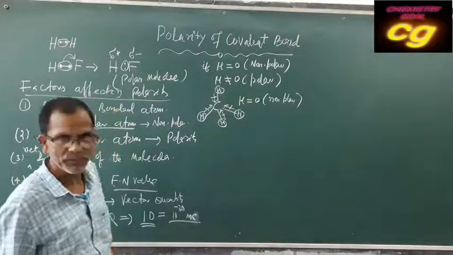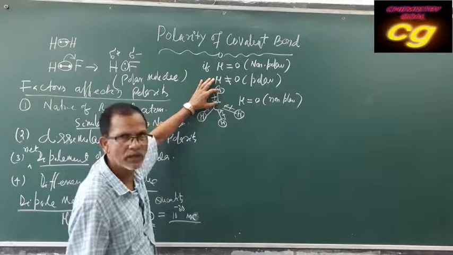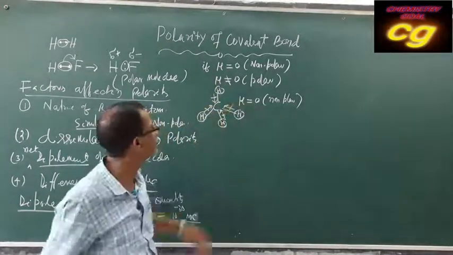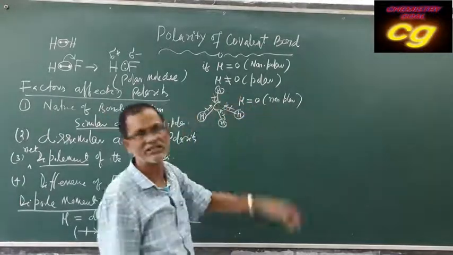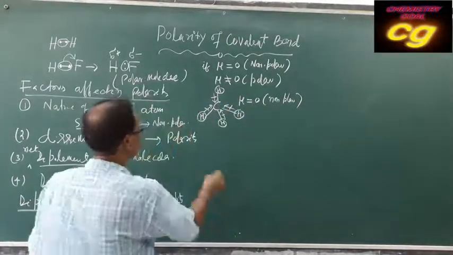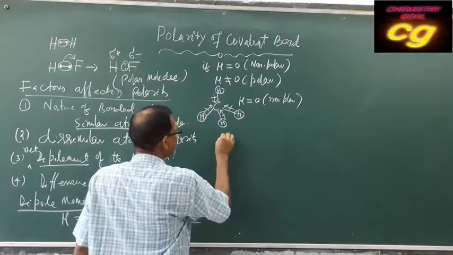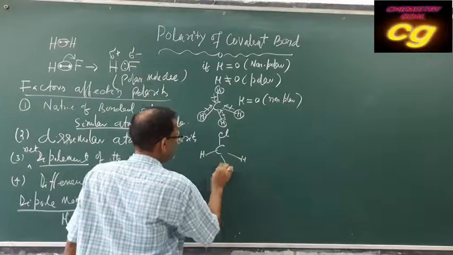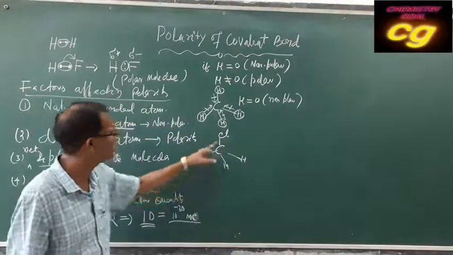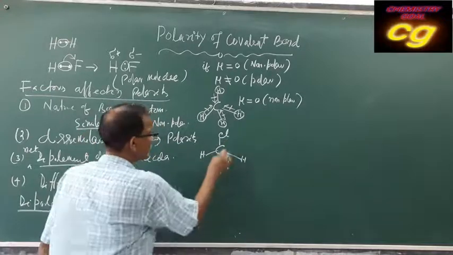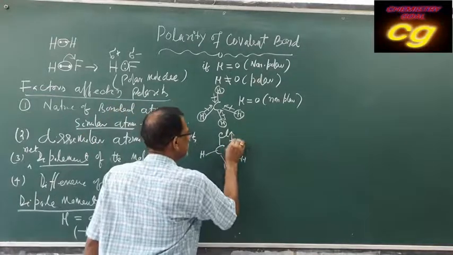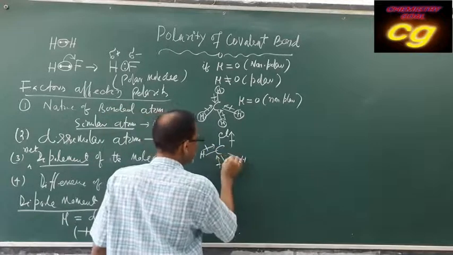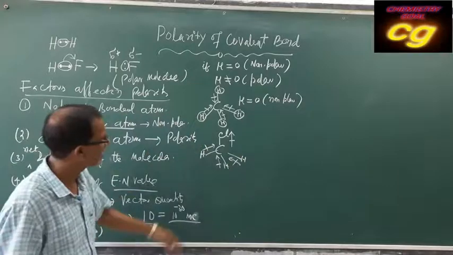So a bond may be polar. The CH bond is a polar bond, but the resultant dipole moment will be 0 because they cancel each other. For example, if you place one chlorine here and three hydrogens, the 3 are equal but chlorine is not, so the dipole moment direction will be in this way, towards chlorine.